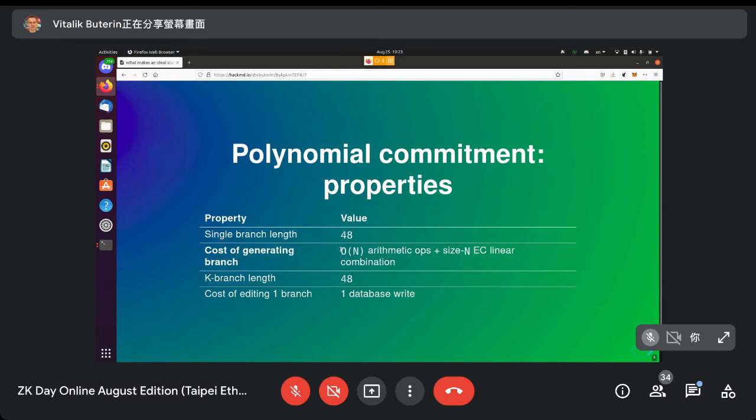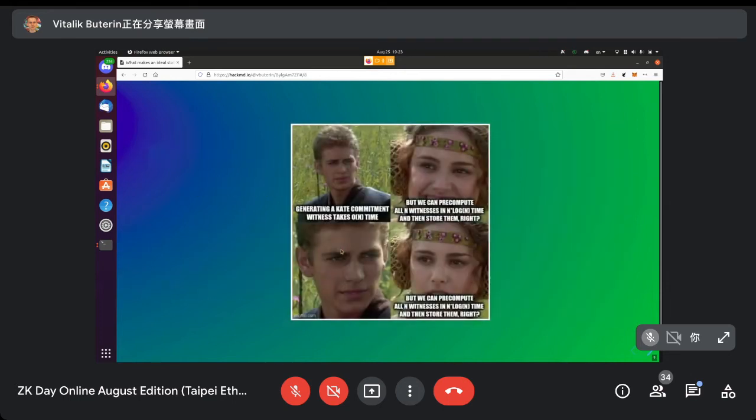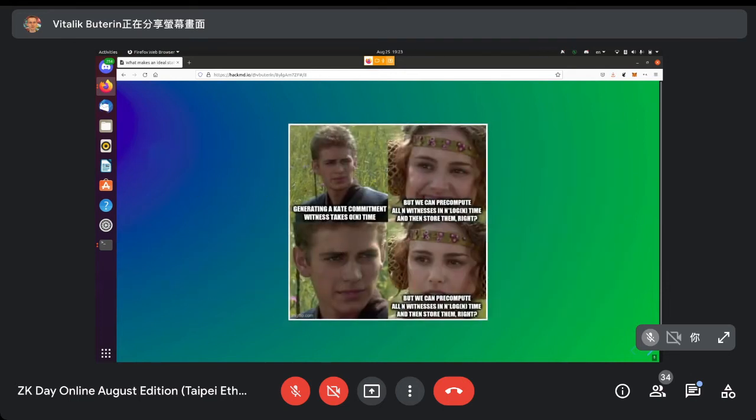So it seems like we have a problem, right? But the math wizards among you may have also remembered that there exists this magic algorithm where you can pre-compute all the quotients in n log n time, right? I think the paper is FK20 or something. There's some acronym for it, but Dmitry Khovratovich did some work on it.